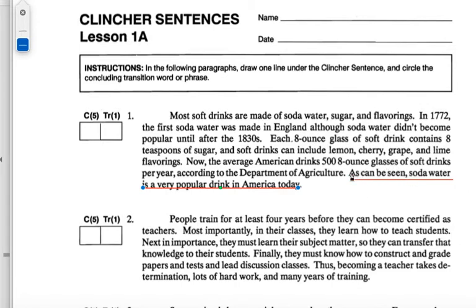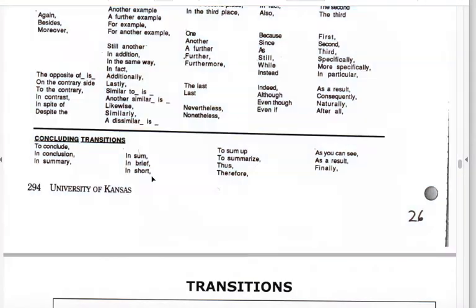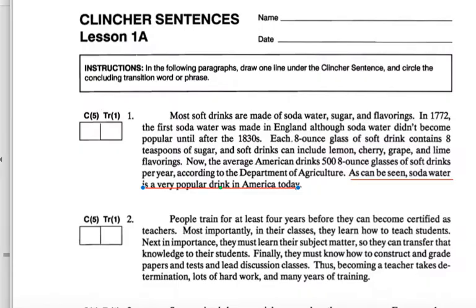Here it is. I want to verify to make sure that's correct. So if I go into my concluding transitions worksheet, as you can see, as can be seen is a concluding transition. So I can go back and I could circle my concluding transition.